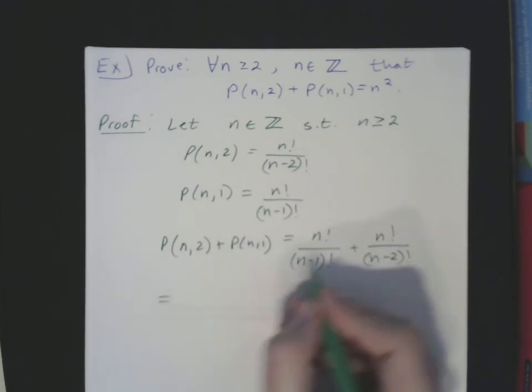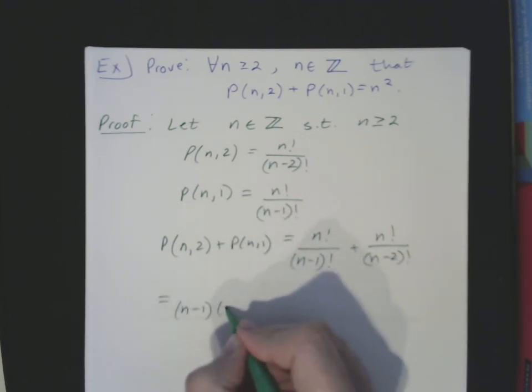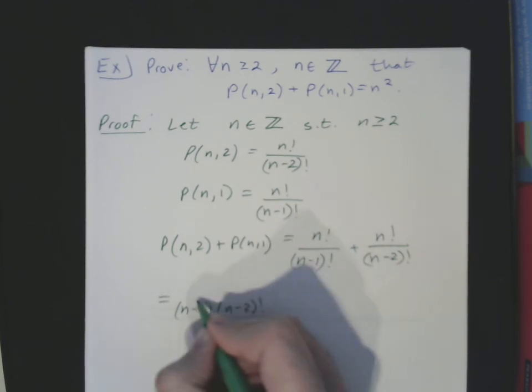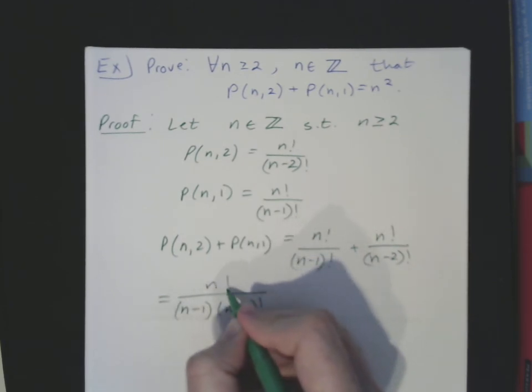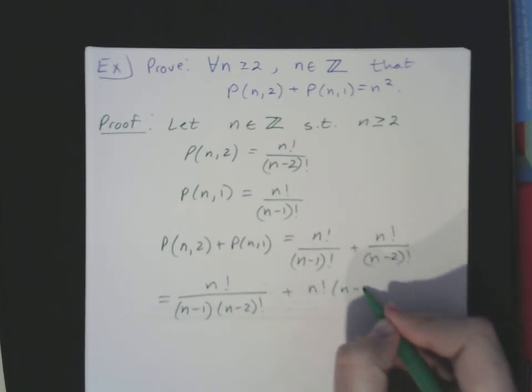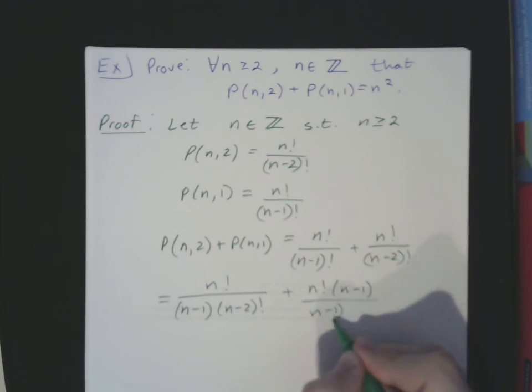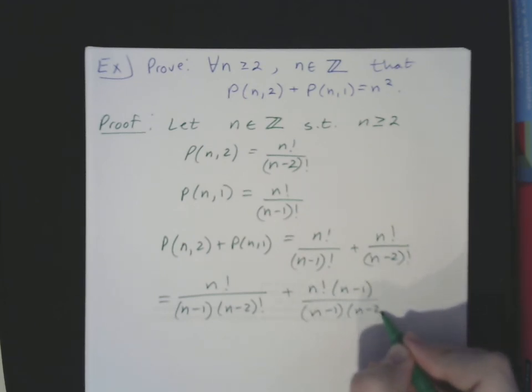Well, n minus 1 factorial is n minus 1 times n minus 2 factorial with n factorial on top. So all I need is an n factorial times n minus 1 over n minus 1 times n minus 2 factorial.